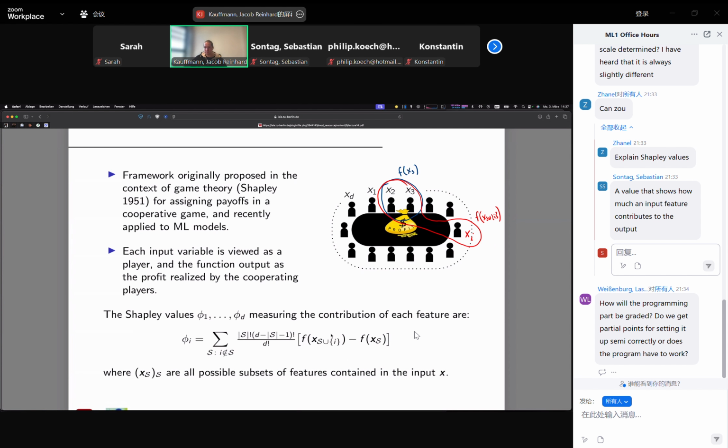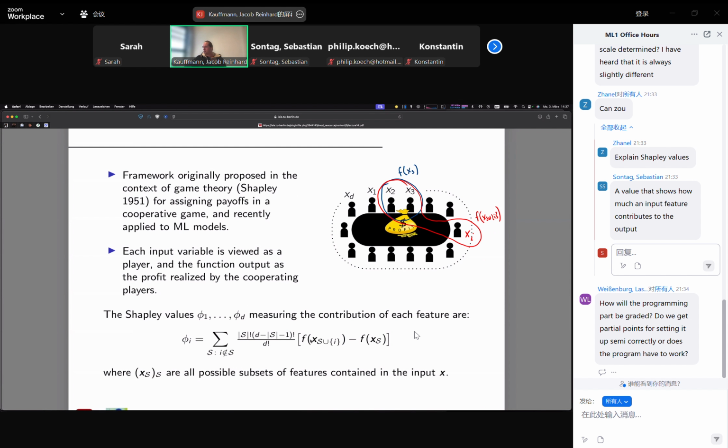There's a special case of Shapley values where you have all your variables, and you remove each variable individually, and you record how much the output changes. This is called Banzhaf values. Was not covered in the lecture. It's just a simple special case.